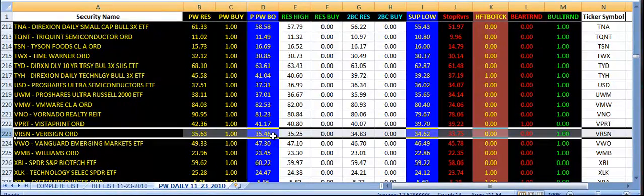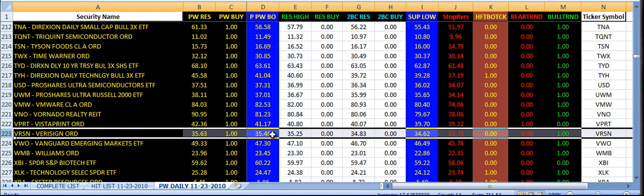The Pulsewave breakout is at 35.46, and we have a 1 in the Pulsewave buy column. 35.63 is greater than 35.46, which means that the Pulsewave has not been broken out yet. So an aggressive play would be buying the 35.46 or buying the 35.63 right now because you have a Pulsewave signal. That's the aggressive entry point, buying either one of these prices.